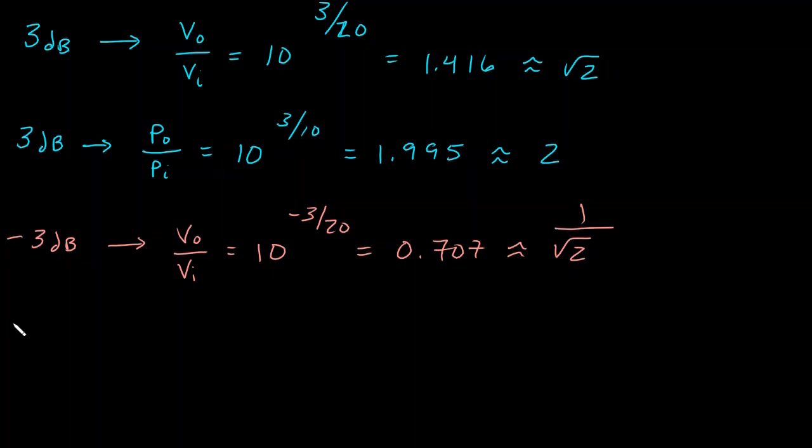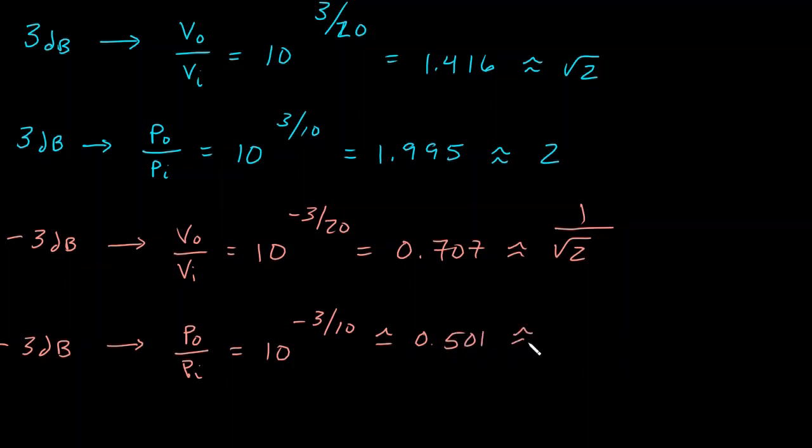And if we look at it in the power ratio, negative 3 dB would give us, for the power ratio, P out over Pn, and that's going to be 10 to the power negative 3 over 10, which is approximately equal to 0.501, which is approximately equal to 1/2.